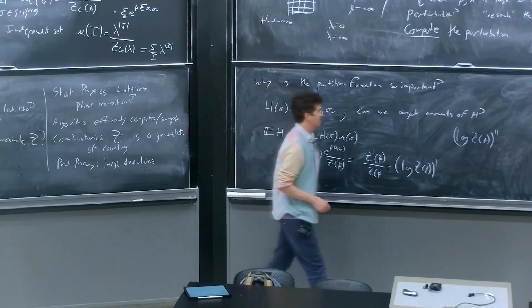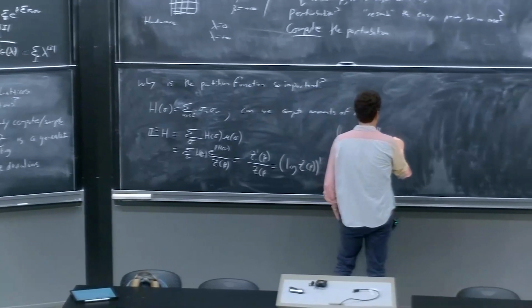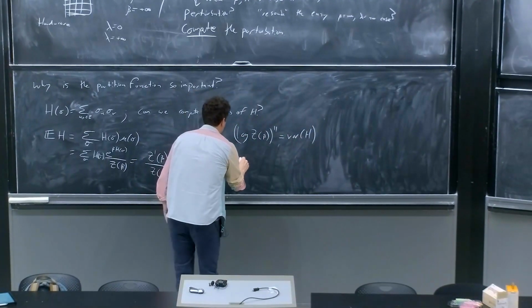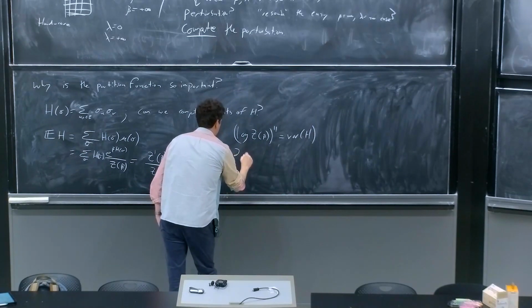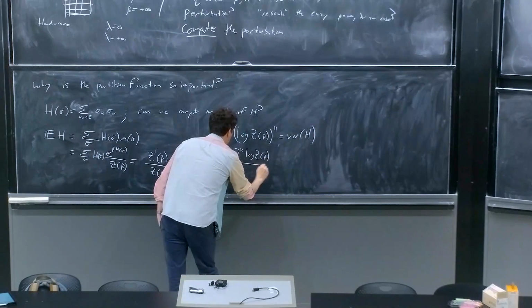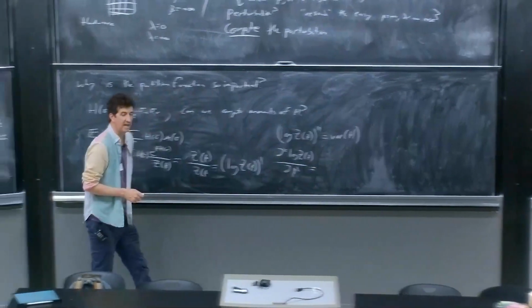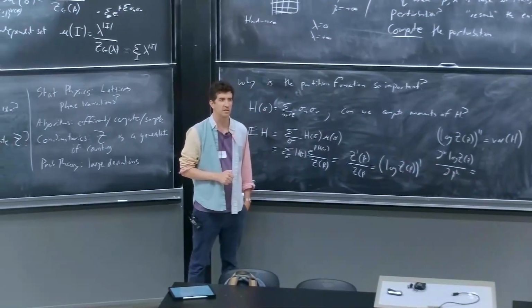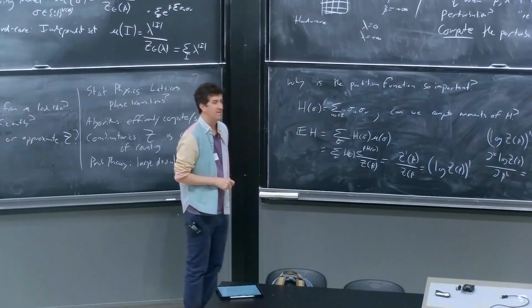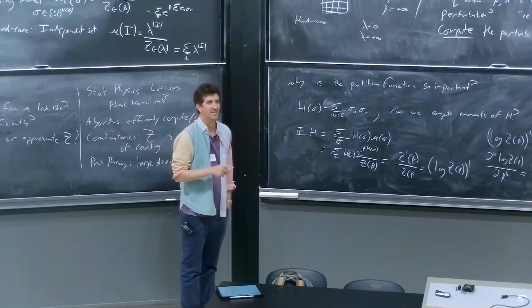The variance, good. So this is exactly the variance of H. And so what is the kth derivative of the log partition function? Aha, I was trying to trick you, and you fell for it. Good. It's not the kth moment, no.